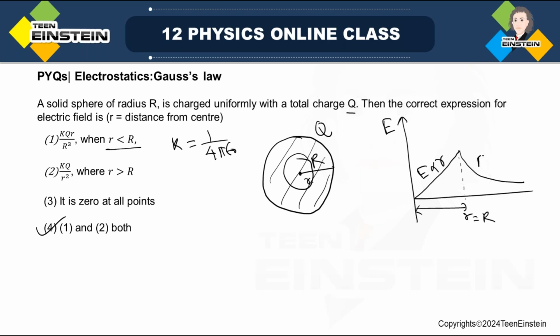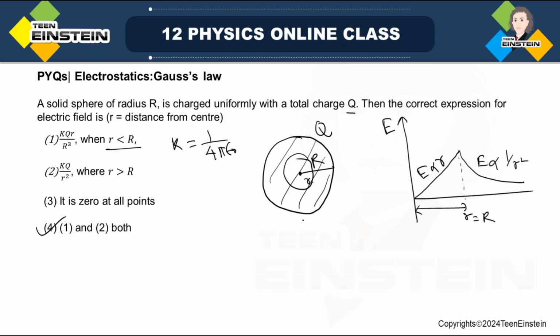The same thing holds for the gravitational field intensity also; you will find the same variation. This is a very general and very important question, and you will see it in many competitive exams.